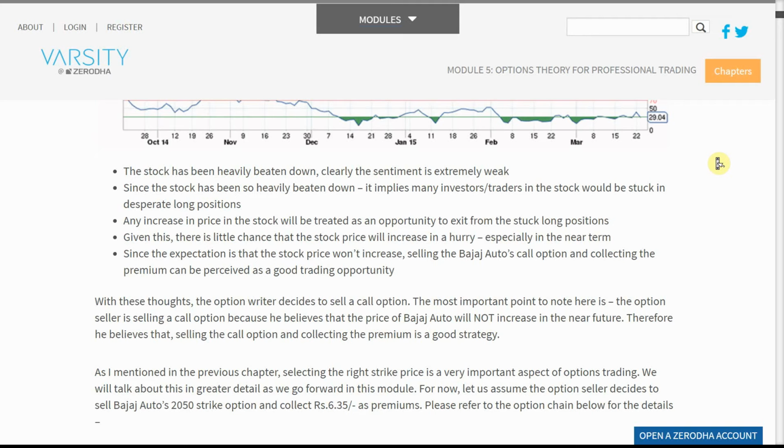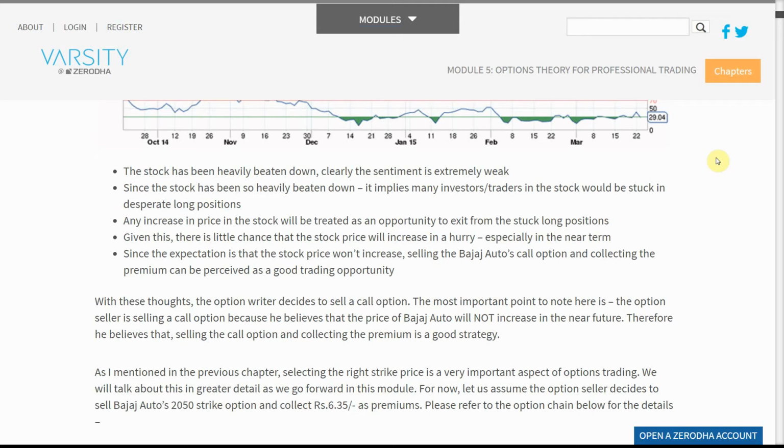Any increase in price in the stock will be treated as an opportunity to exit from the stuck long positions. Given this, there is little chance that the stock price will increase in a hurry, especially in the near term, since the expectation is that the stock price won't increase. Selling the Bajaj Auto call option and collecting the premium can be perceived as a good trading opportunity.